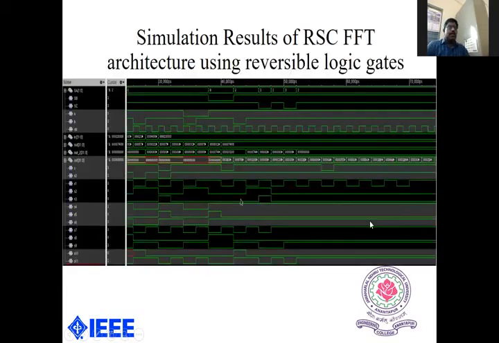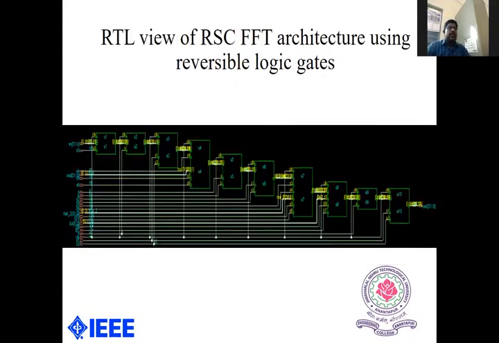So these are the simulation results where you get input, multiplication operation, and output of the resultant FFT architecture. So this is the RTL view deduced from RTL Compiler in the Cadence environment.